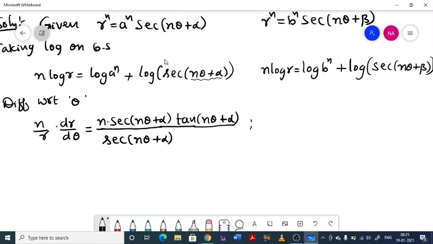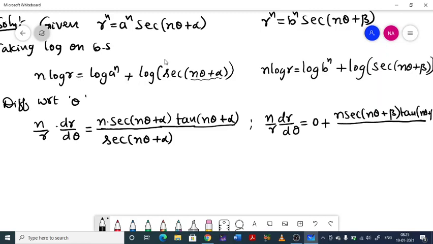Similarly, here n by r into dr by d theta equal to first term 0 plus same thing you get here, n into secant of n theta plus beta into tan of n theta plus beta divided by secant of n theta plus beta.